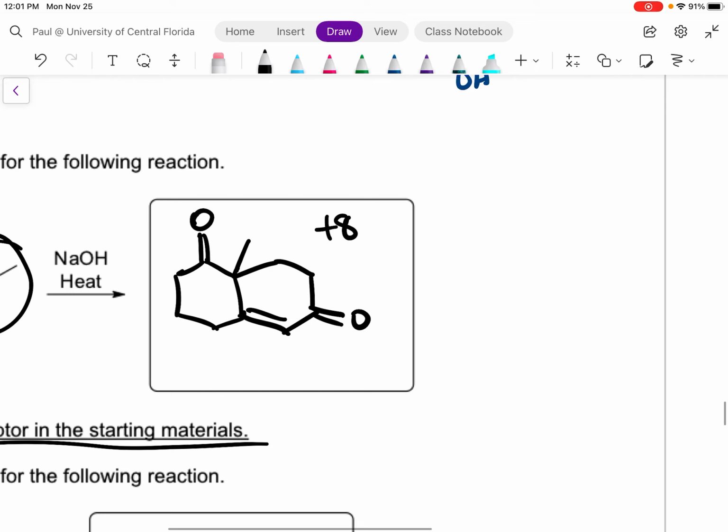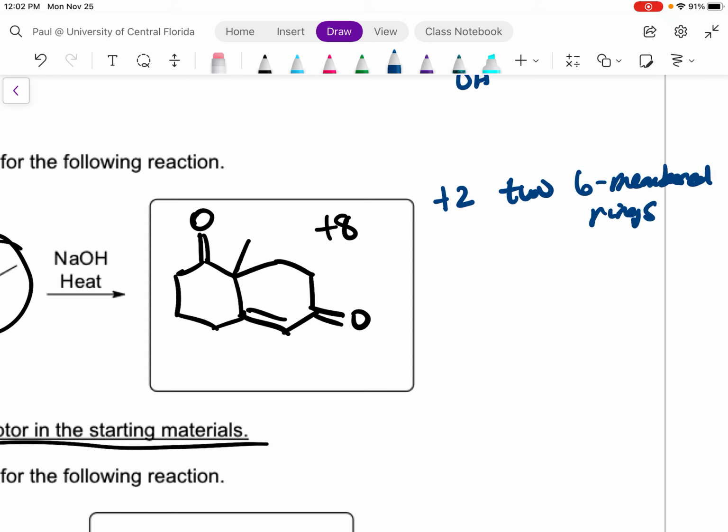Now, we broke this down right here. I gave you 2 points for two 6-membered rings. I gave you 2 points if you have an alpha beta unsaturated carbonyl compound anywhere in the molecule.